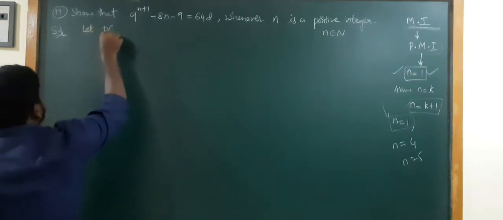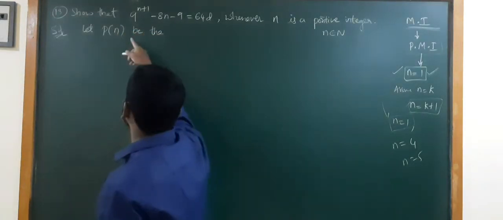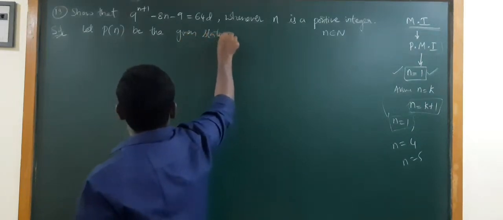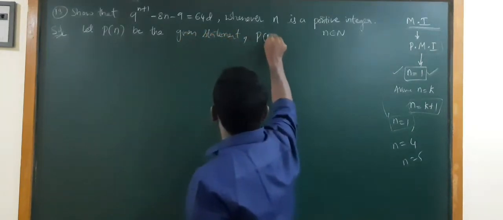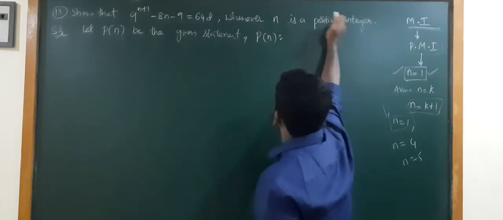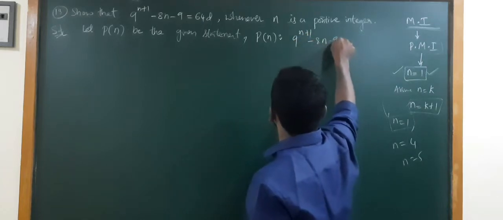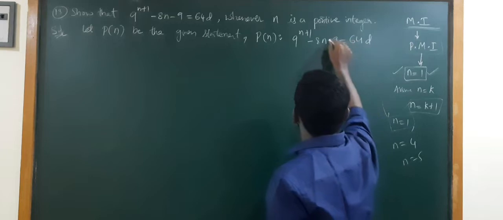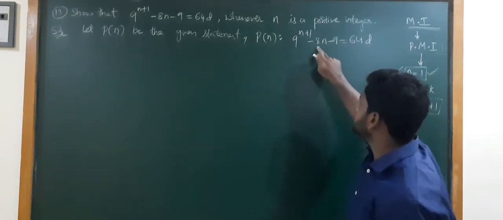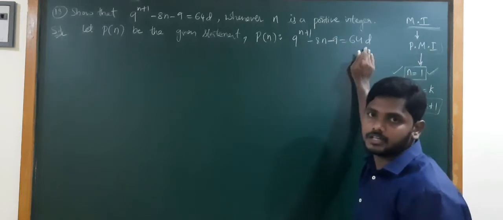Select P of n to be the given statement. This is a procedure you need to follow. Let P of n be the given statement, such that 9 to the power of n plus 1 minus 8n minus 9 equal to 64 into d. What does it mean? 9 to the power of n plus 1 minus 8n minus 9 is equal to 64 into some constant.